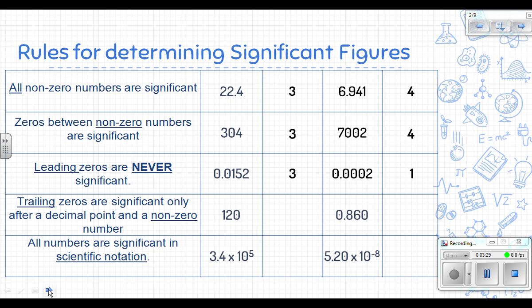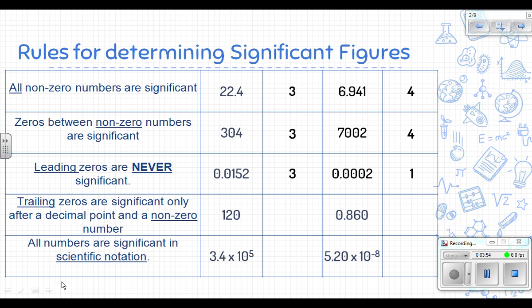Our next rule is that trailing zeros are only significant after a decimal point and a non-zero number. So if there is a decimal point anywhere in the number, and they come after non-zero digits, then they're significant.